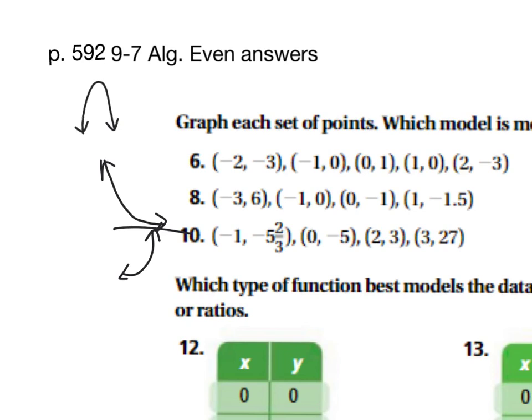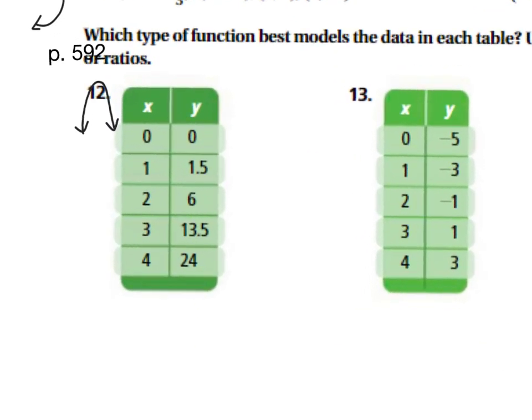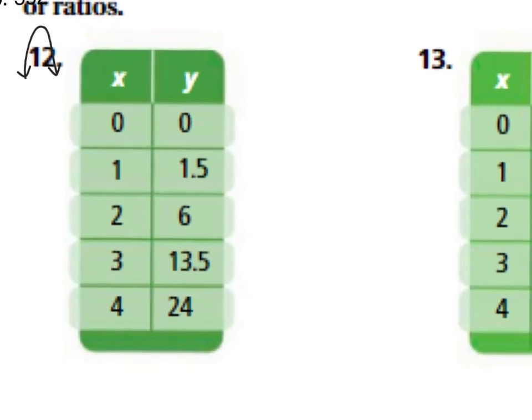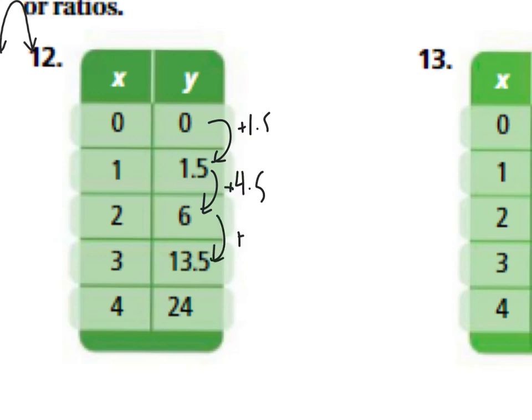Number 12, this one's written a little nicer, so we can look at this just to make sure you guys understand this. They are just going by ones on their x's, so this goes up by 1.5, this goes up by 4.5, this goes up by 7.5, and then this goes up by 10.5.